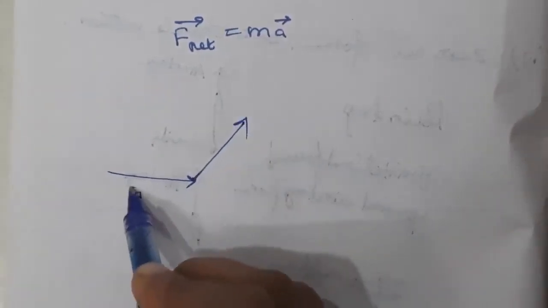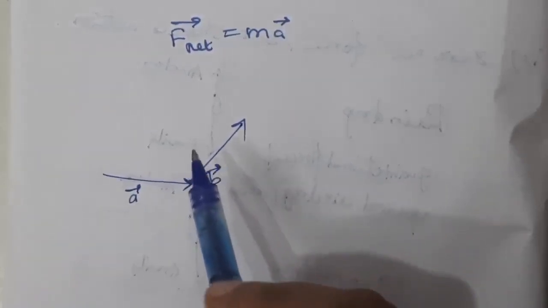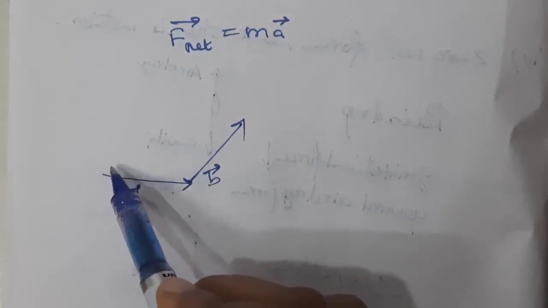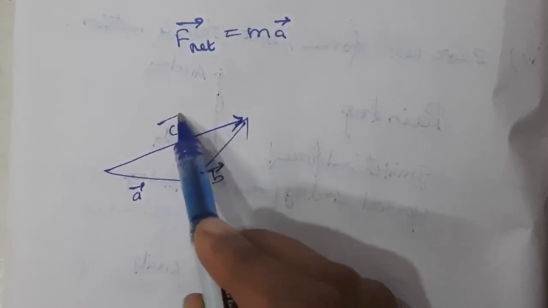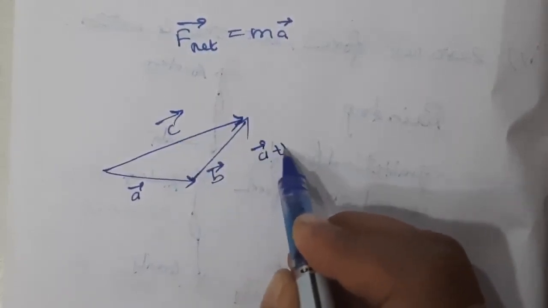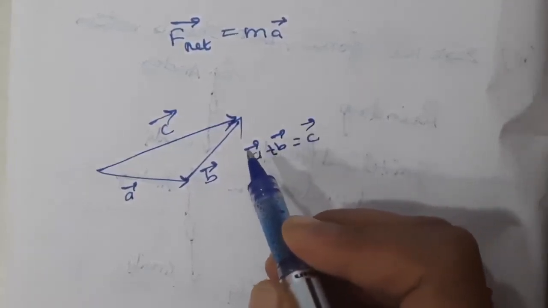This is A vector, this is B vector. So what is the resultant vector? According to the triangle law of addition, the resultant vector is the closing side of the triangle. So this is the net force. Understand? Vector addition of forces, that is A plus B gives the resultant C.